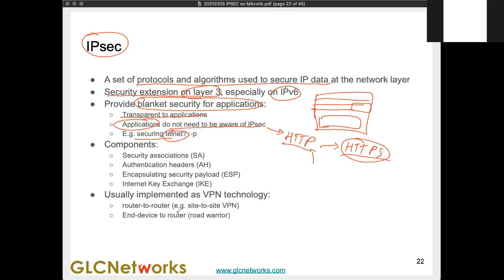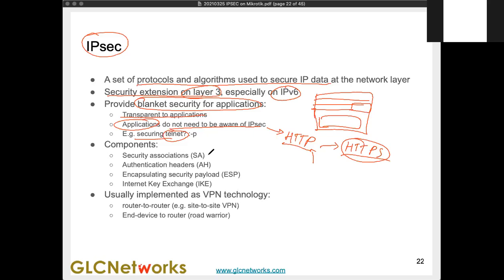What if the application developers do not have the resources to make the application secure, for example because of library or other restrictions? IPsec can be the answer.